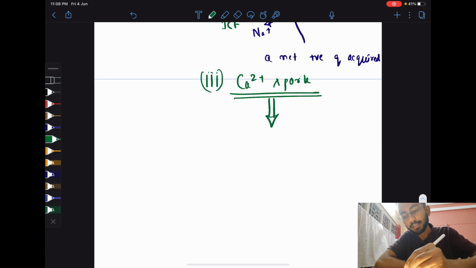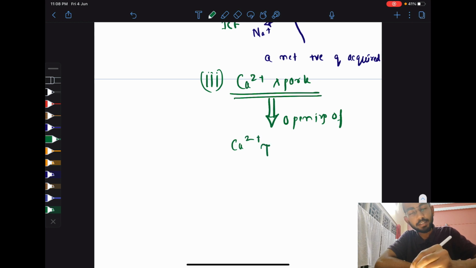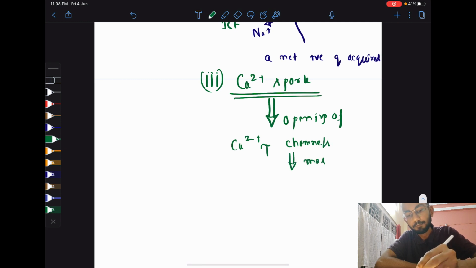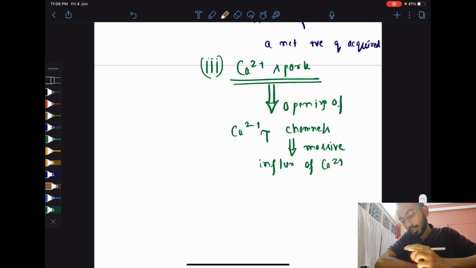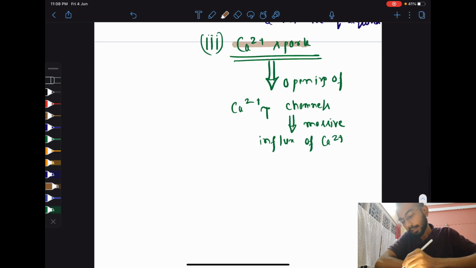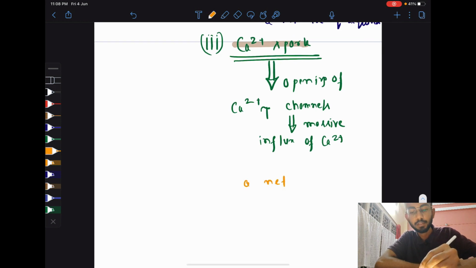This calcium spark is due to the opening of transient calcium channels, which causes a massive influx of calcium ion. So this will lead to a calcium spark and again a net gain of positive charge.